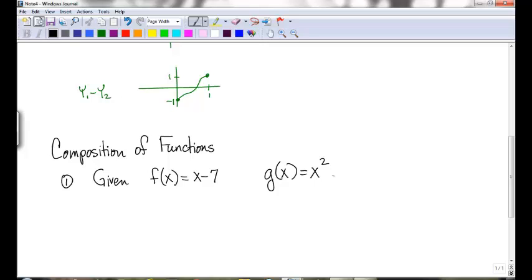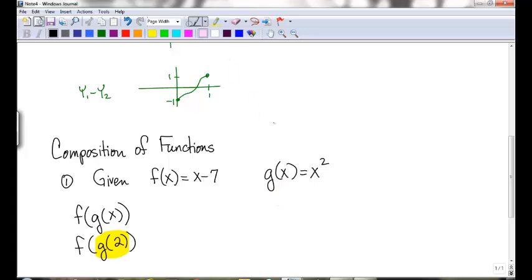Okay? Some authors write it like this. If I wanted to figure f of g of x. And let's say I wanted to figure f of g of, let's go g of 2. This says you do the innermost group first. So you would find what's g of 2.